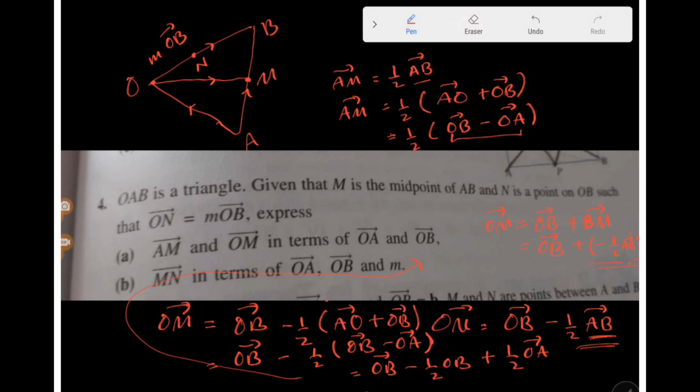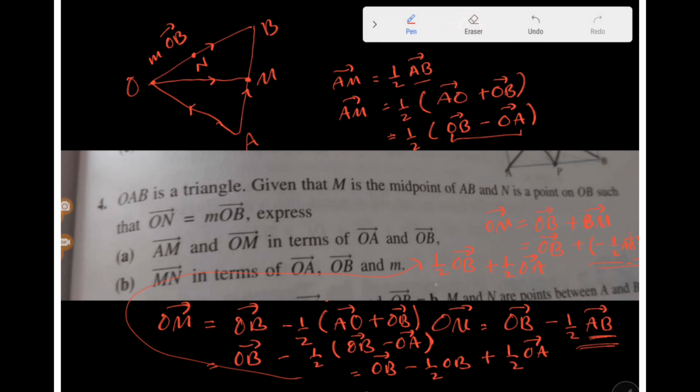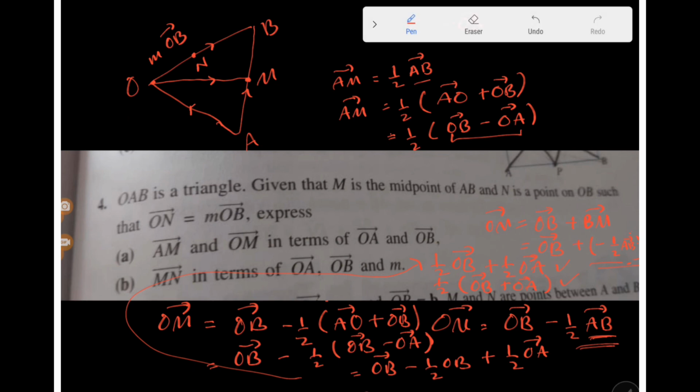OB minus half OB is basically positive half OB plus half OA, or you can take out the half and just have half of OB plus OA. Either of these two is the answer. You can answer with the first or the latter, it doesn't matter.